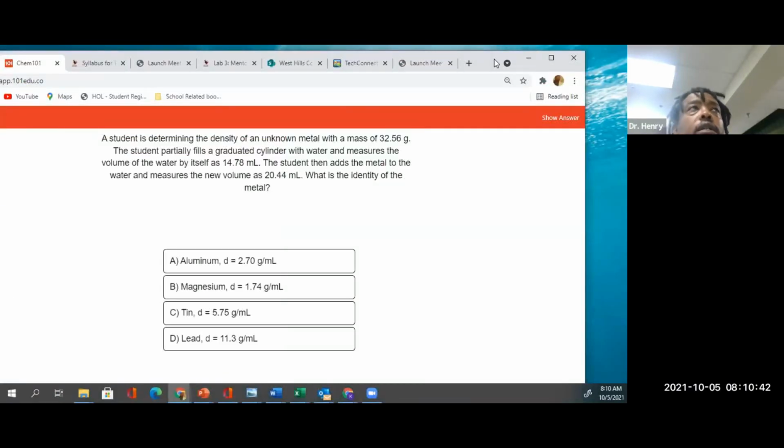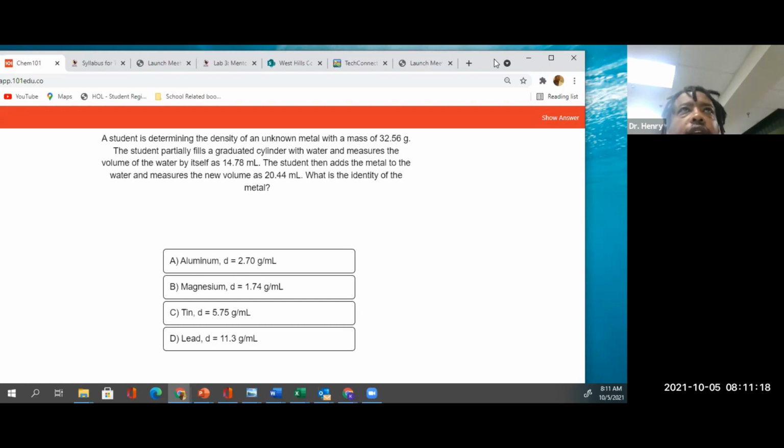Okay, so it says a student determines the density of an unknown metal with a mass of 32.56 grams. The student partially fills the graduated cylinder with water and measures the volume of water to be 14.78 milliliters.